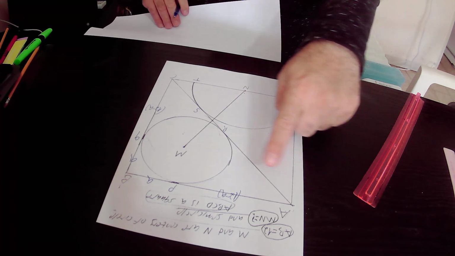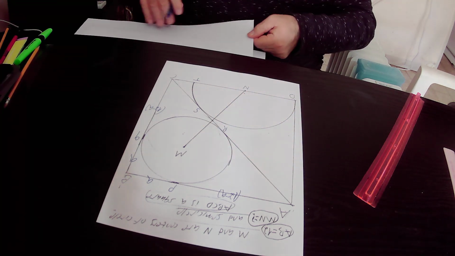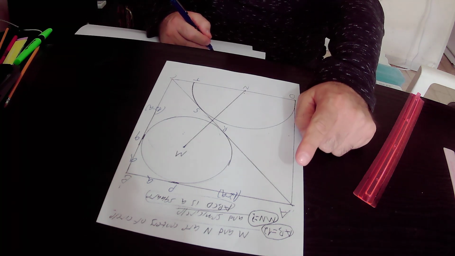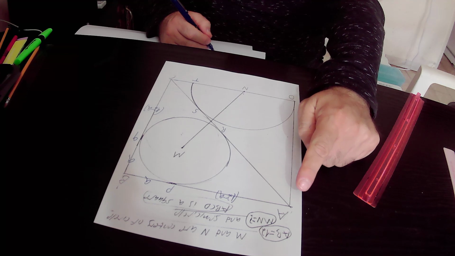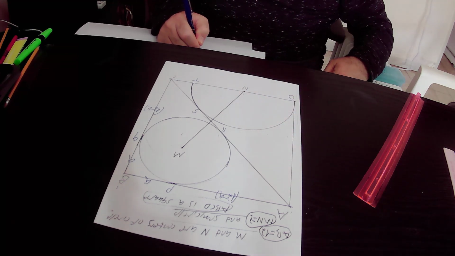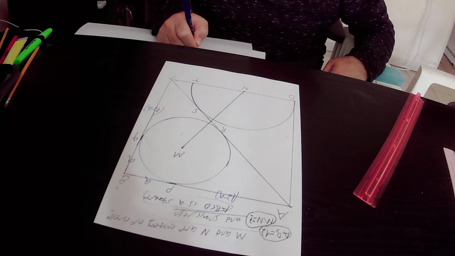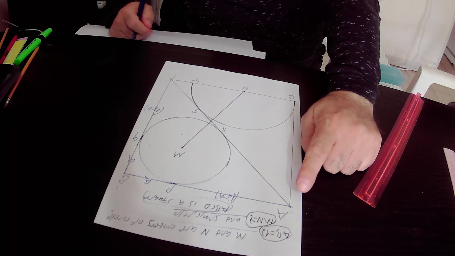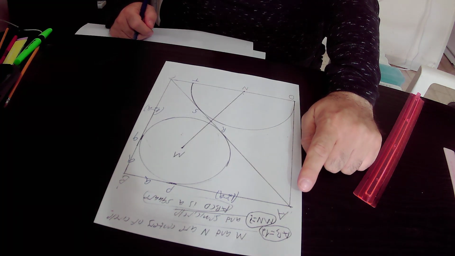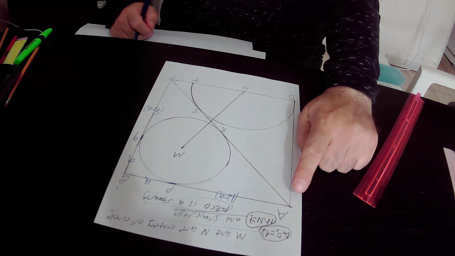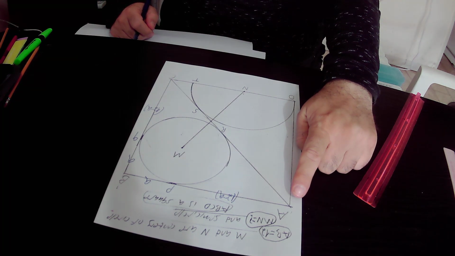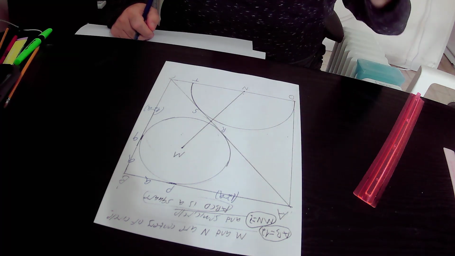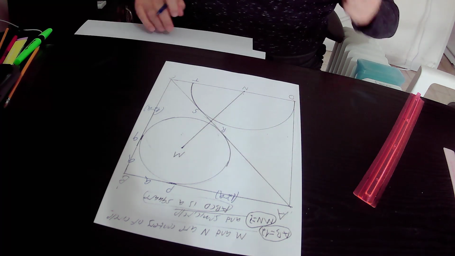The first tangent is AP, and the second tangent from point A to this circle is AR. According to rule number 1, whenever you have two tangents from an external point to a circle, like in this case from point A, tangent AP and tangent AR, then the lengths of those two tangents will be equal to each other.